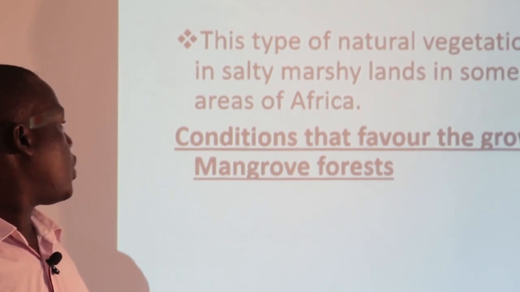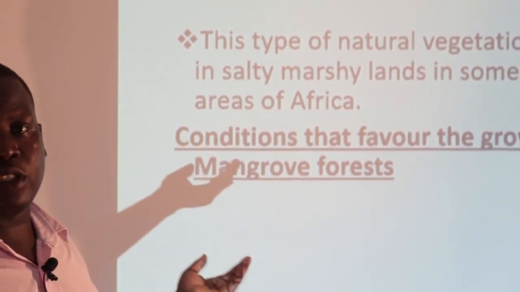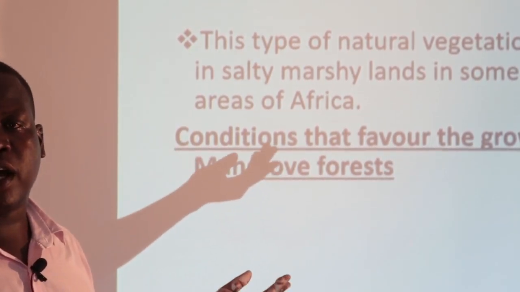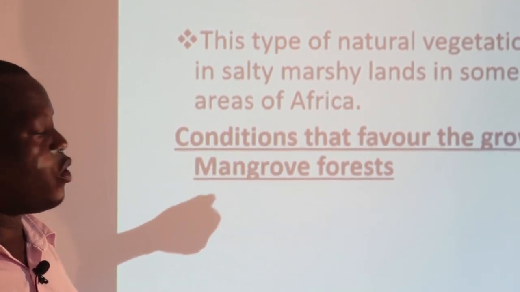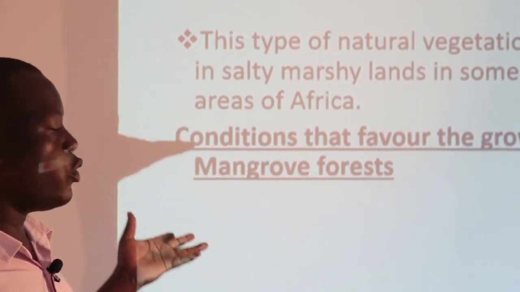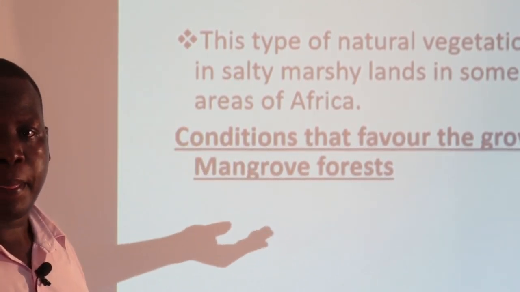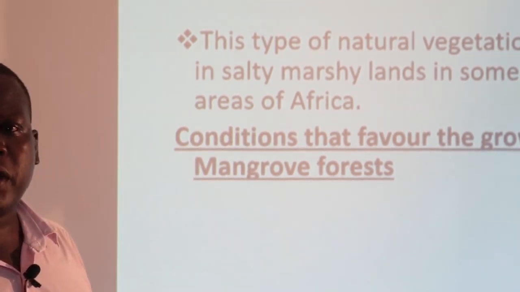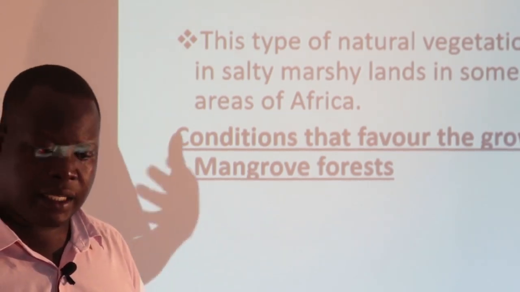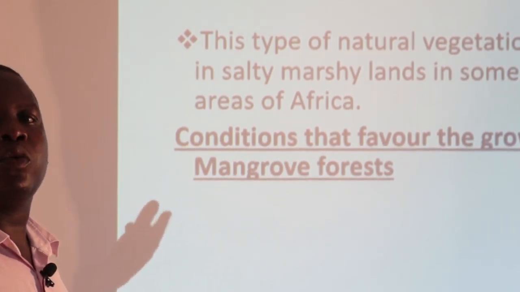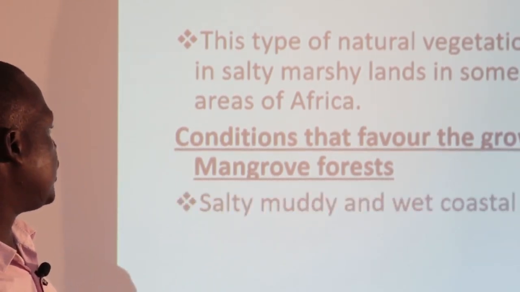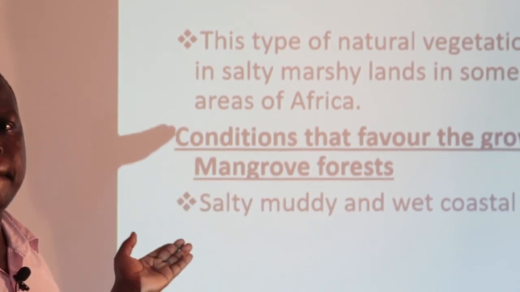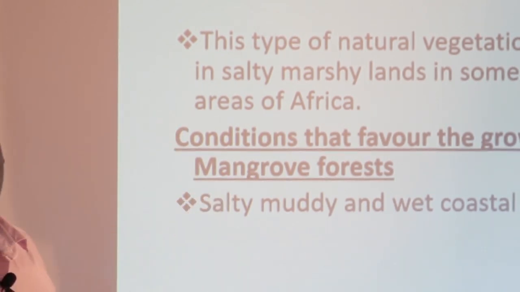Okay. So we want to look at the conditions that favor the growth of mangrove forests. That is exactly what we want to see. Which conditions must prevail in an area so that it grows such forests? One, salty, muddy, and wet coastal areas.